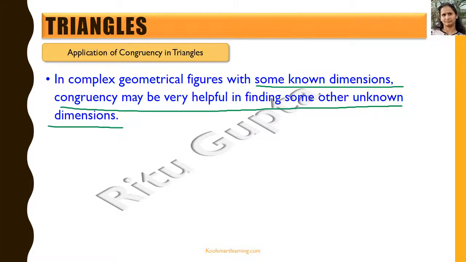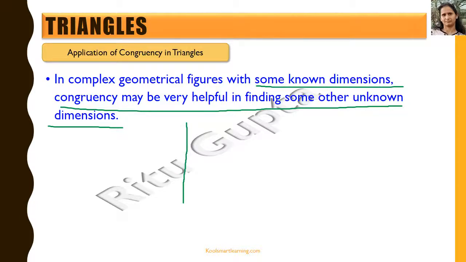So if a very complicated geometrical figure is given and some of the dimensions are given, say some of the angles and maybe some of the sides, and we need to find the remaining, in some of those cases it is very helpful to apply congruency in triangles to find the unknown angles or sides.